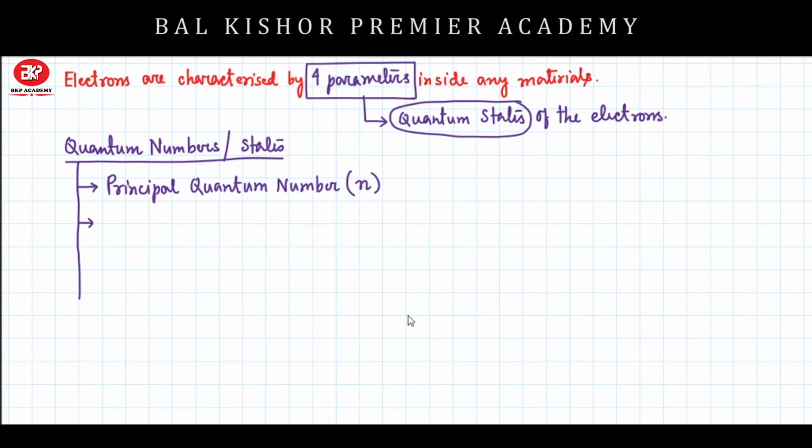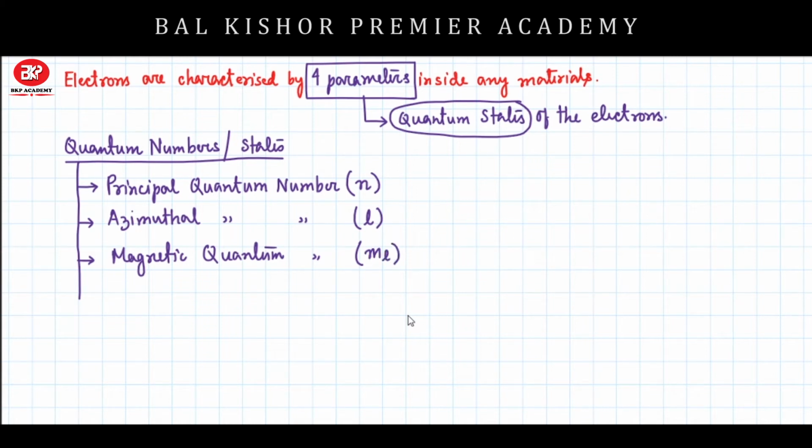The second quantum number is the azimuthal quantum number, denoted by small l. Then comes the magnetic quantum number, denoted by m suffix l.